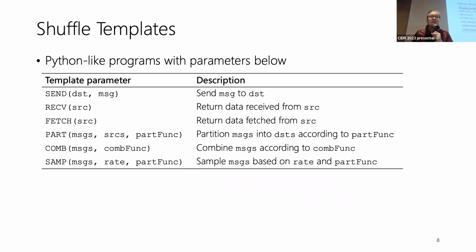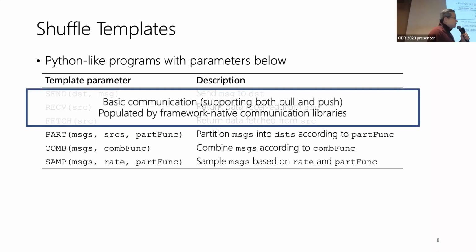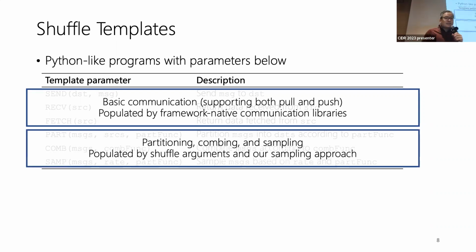All right, so what are the primitives for the shuffle template? We designed this as a Python-like program with a number of primitives: send, receive, fetch, partition, combine, and sampling. The first three are really basic communication, supporting both push and pull, and we populate them using framework-native communication libraries. The next three are what we would typically associate with any kind of shuffle service, which involves partitioning, combining, and sampling.